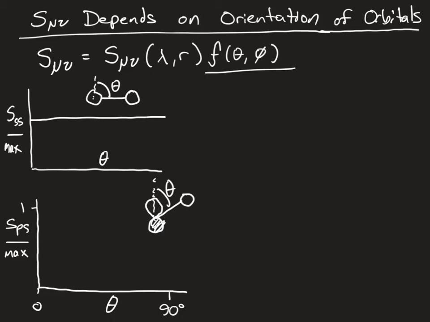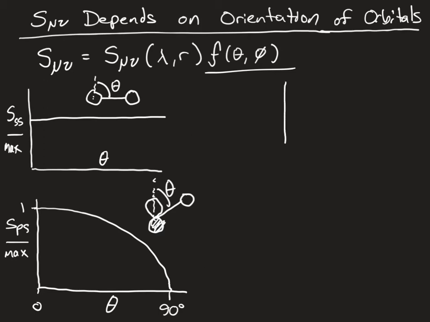It has a maximum value at a theta of 0, and then it goes to 0 at 90 degrees. So as you change this bond angle, you're changing the overlap between those orbitals. Or another way of saying this is that when the s orbital is in the node of the p orbital, there's 0 overlap.